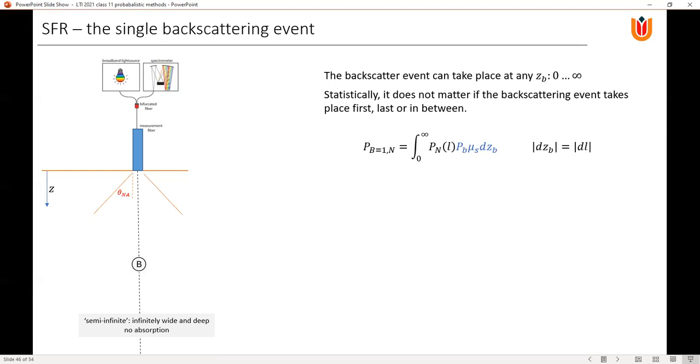So let's say we have n forward scattering events. That is the expression that we just derived. So let's say 5 or so. It does not really matter: we can have 1 forward scattering event, then the backscattering event, and then 4 forward scattering events again to make it 5 complete, or we have 2 and then 3, or we have first 5 and then 1. That does not really matter.